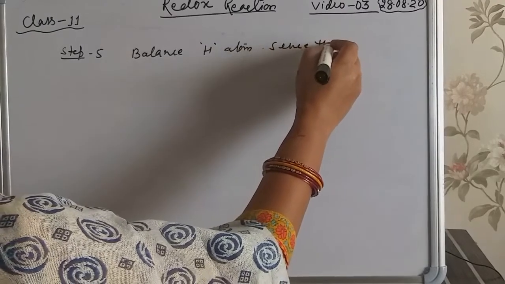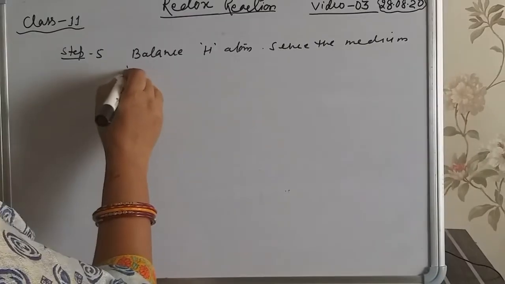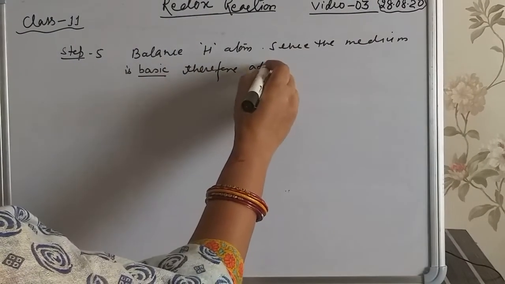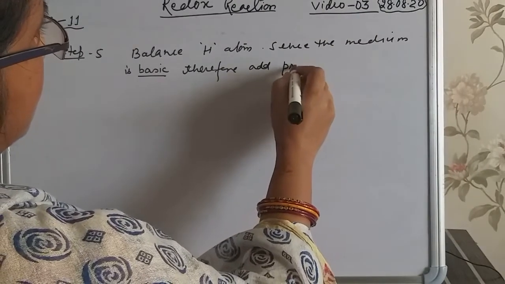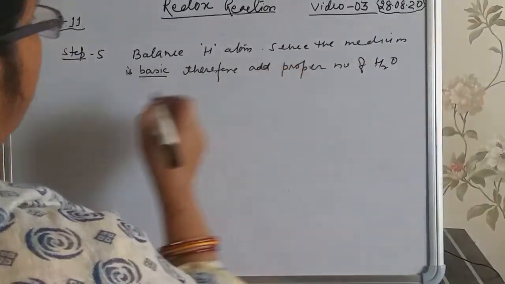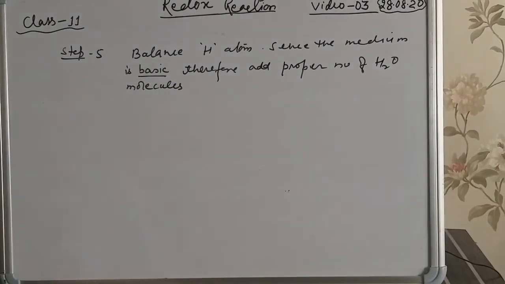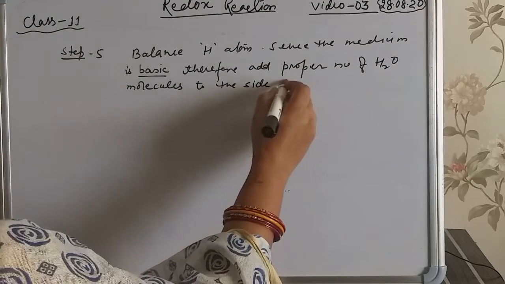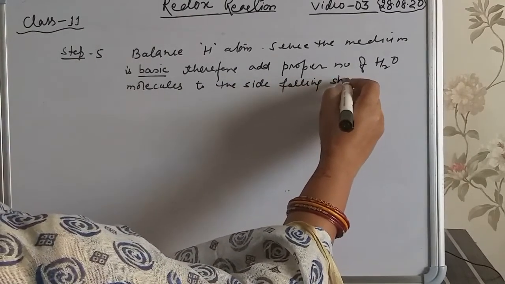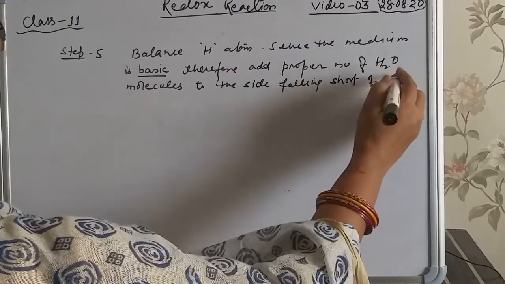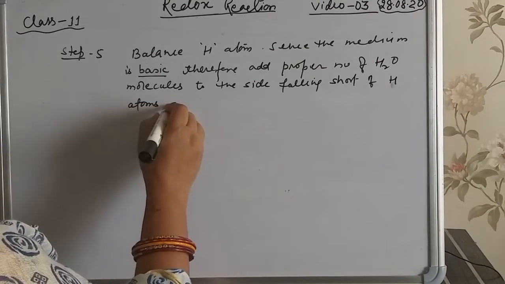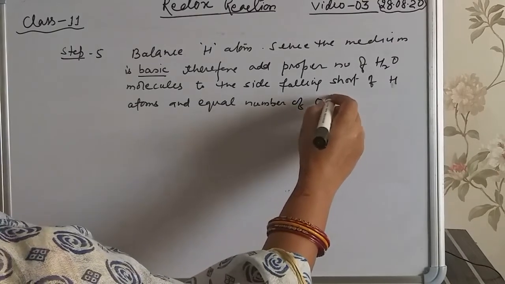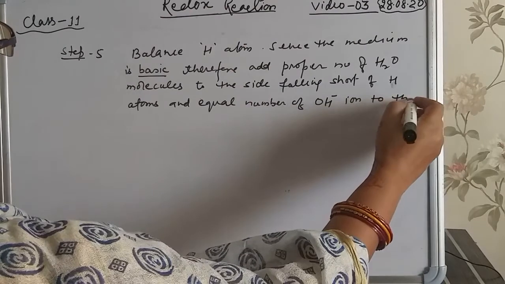Since the medium is basic, add the proper number of water molecules to the side falling short of hydrogen atoms, and an equal number of OH ions to the other side.